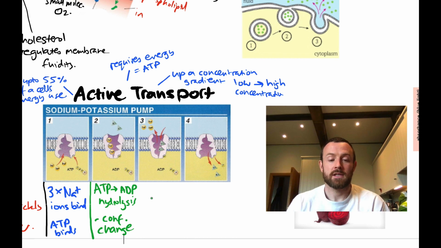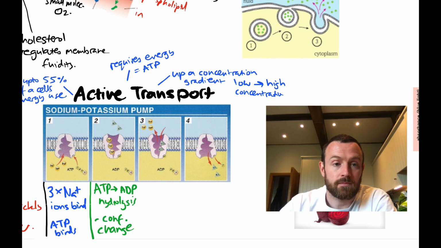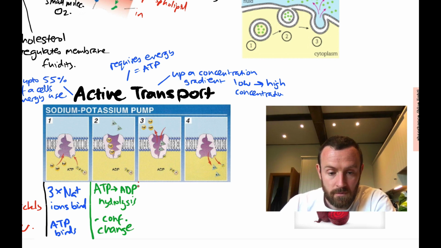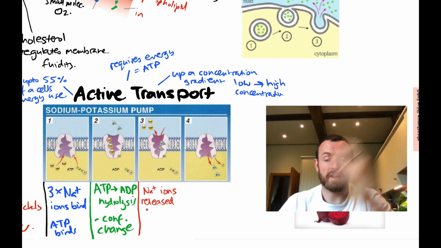So now that the protein has changed shape, it's kind of flipped, and now the sodium ions can be released. So I'll change color again. Sodium ions released externally, to the external face of the membrane.